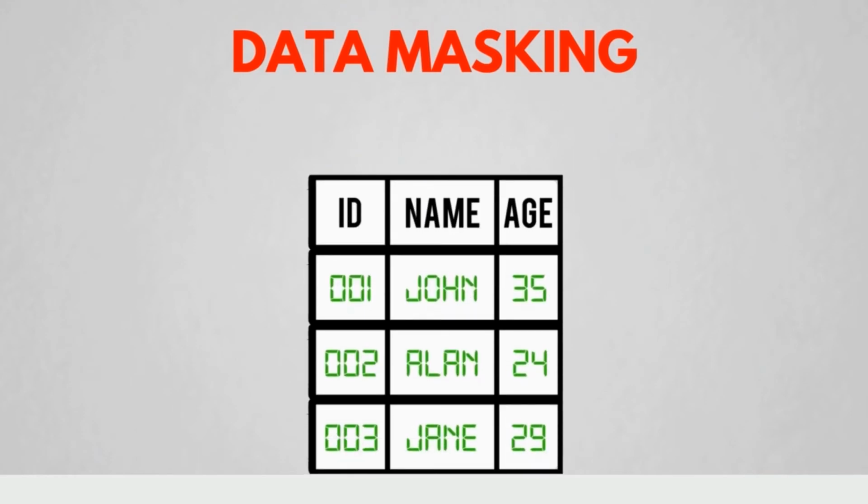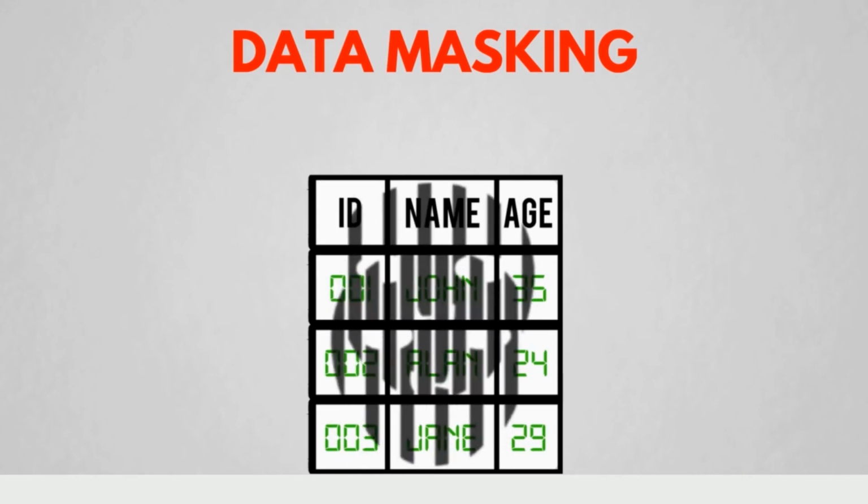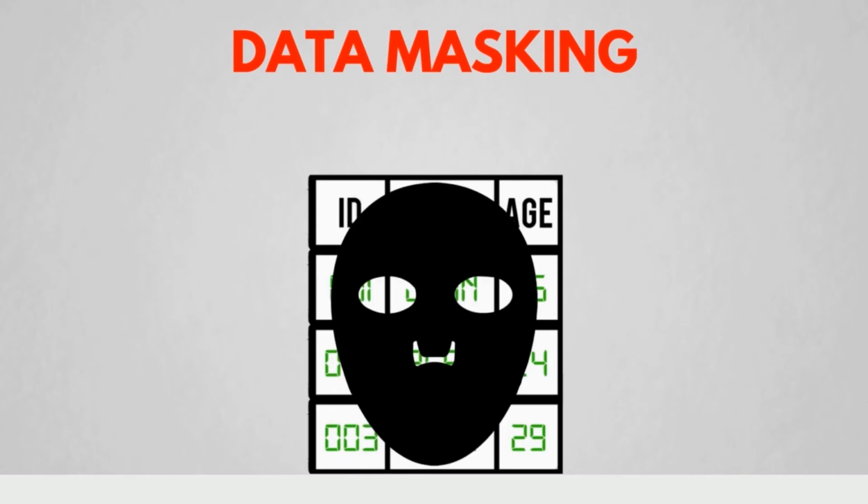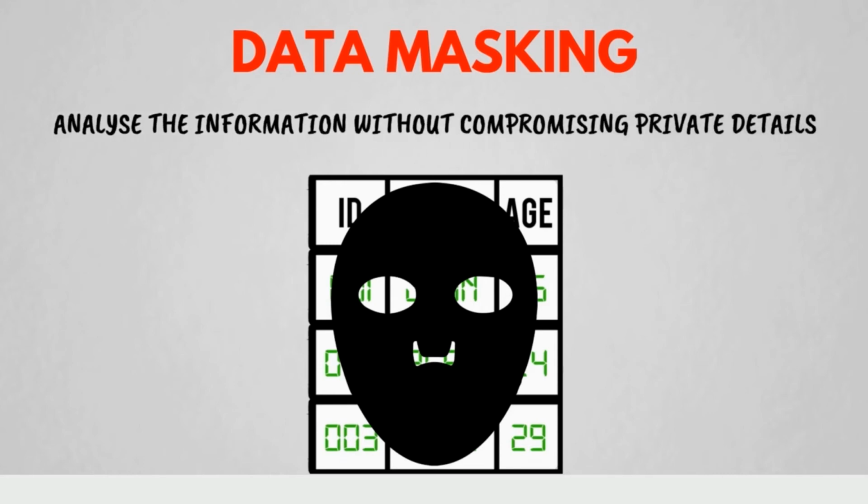If you want to maintain a credible business or governmental activity, you must preserve confidential information. However, when personal information is shared online, it doesn't mean that it can't be touched or used for analysis. Instead, you must apply some data masking techniques so you can analyze the information without compromising private details.